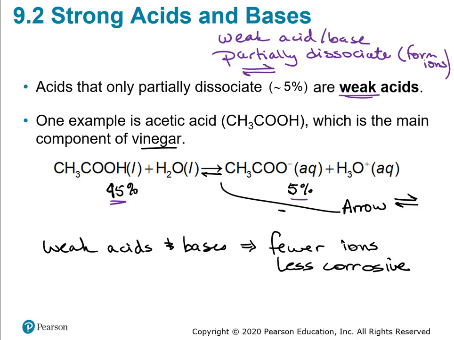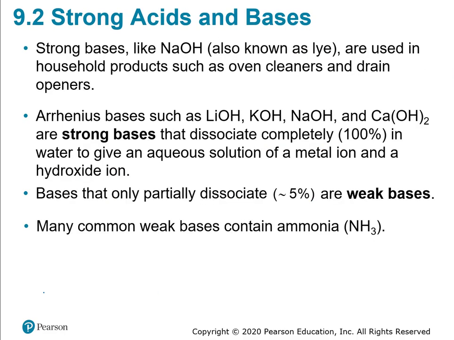So therefore it's not as corrosive, would cause less damage to tissues. Same thing with the strong bases. Strong bases, I said they dissociate 100%. They can be corrosive. You try to limit your exposure.